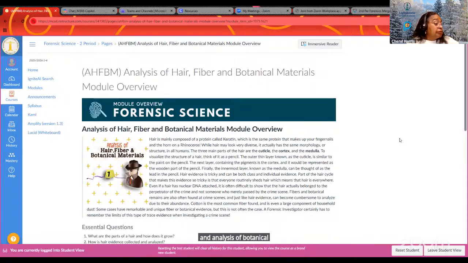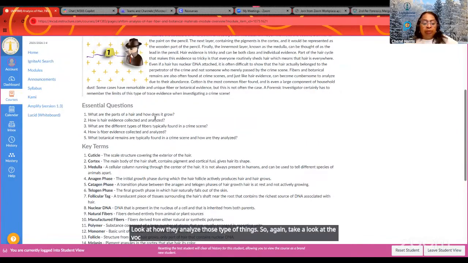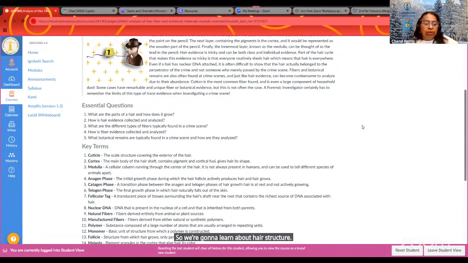Like when you're walking out in a field and these things cling to you, look at how they analyze those types of things. So again, take a look at the vocabulary, look at the essential questions. The first module we're going to do today is about hair. We're going to learn about hair structure, why that's important to know. So we're really just going to do number one today.